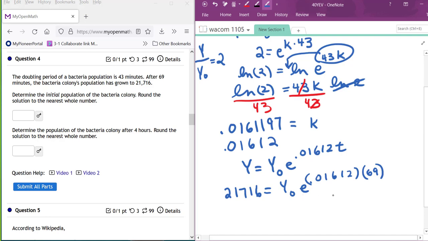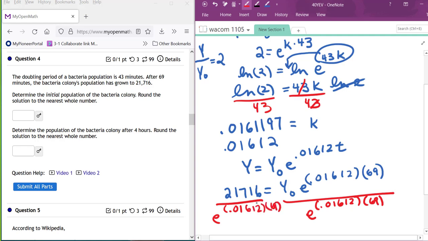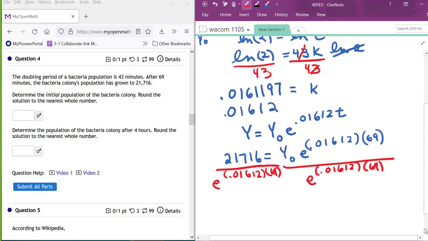And so we can go ahead and just divide by this whole piece. So I'm going to leave it like that, and keep from getting any more round off. And then we'll go to the calculator.